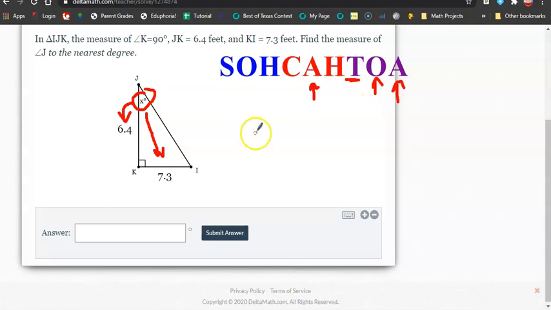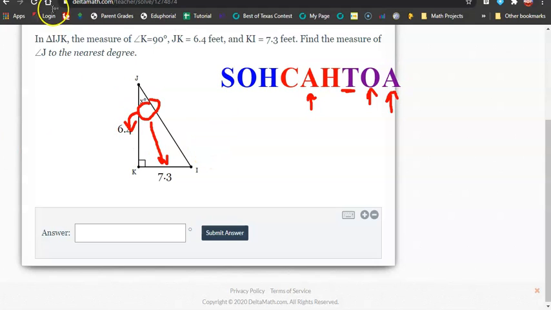So that means I'm going to be using tangent. All right, so let's see here. We've got tangent of which angle? Tangent of J, I don't know what that is, going to figure that out, is equal to opposite, so 7.3 over the adjacent, which is 6.4.